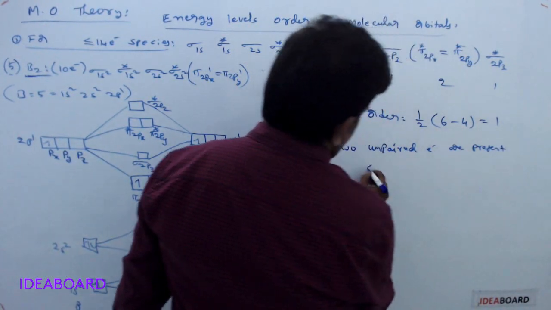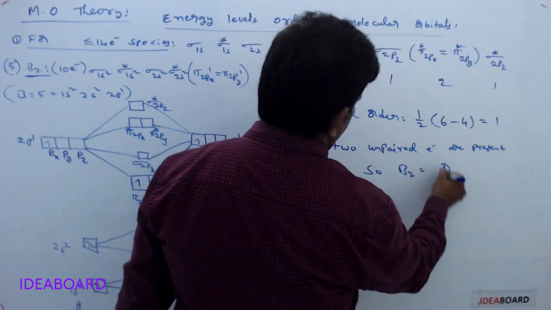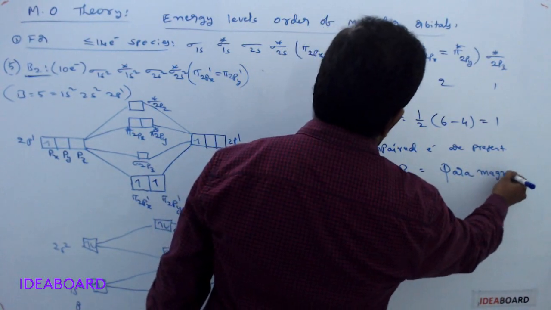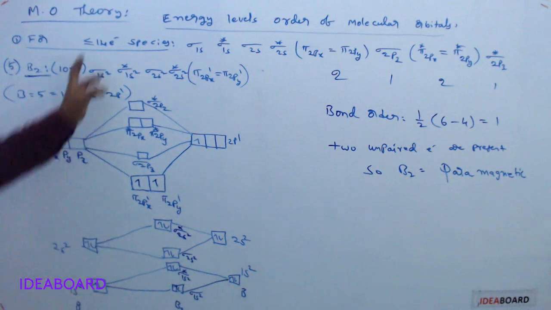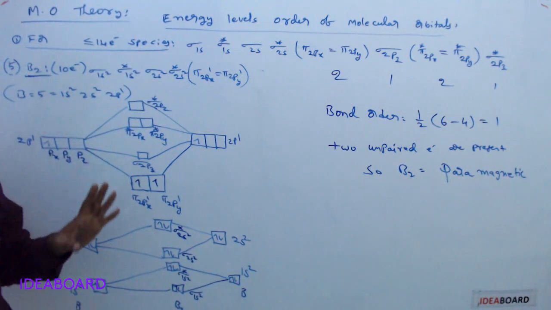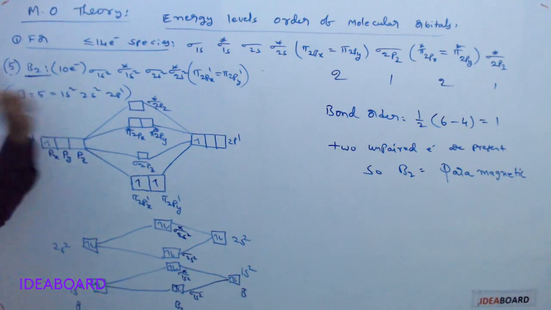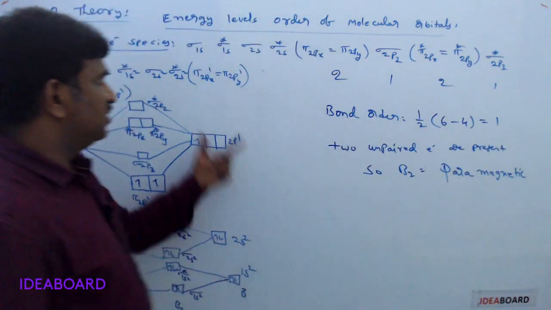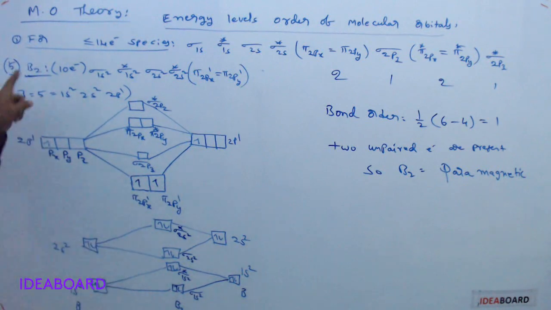So B2 is a paramagnetic molecule. Very, very important. We think boron has an even number of electrons so it is diamagnetic, but that is not correct. It is wrong. B2 is a paramagnetic molecule because it has two unpaired electrons. This is about the B2 molecule.